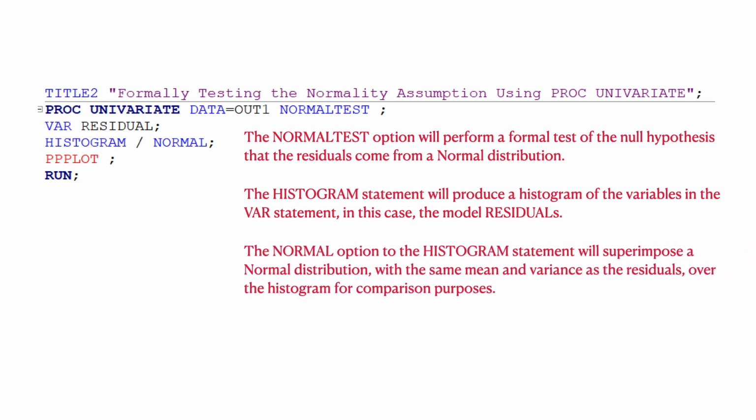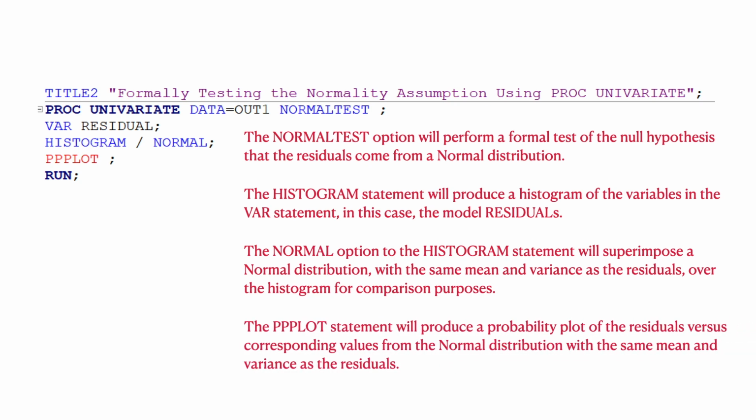The NORMAL option to the HISTOGRAM statement is going to superimpose a normal curve with the same mean and variance as the residuals over the histogram of the residuals, so that we can compare the shape of the histogram of the residuals to a corresponding normal distribution. And finally, the PPPLOT statement is going to produce a probability plot of the residuals versus corresponding values from the normal distribution with the same mean and variance as the residuals.